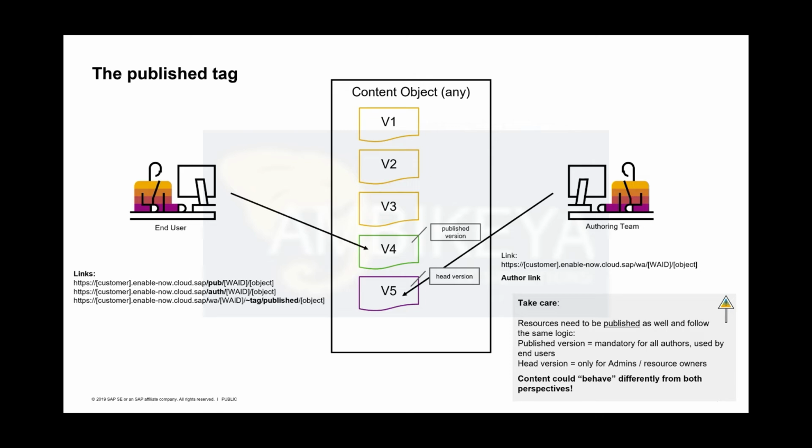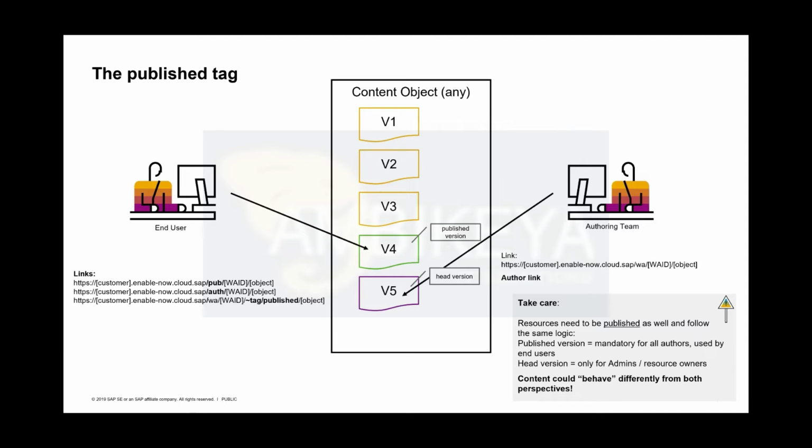And this version history has two fixed status within. One is the so-called published version, and one is the so-called head version, which is the latest version, which is the version that the authoring team is currently working on.